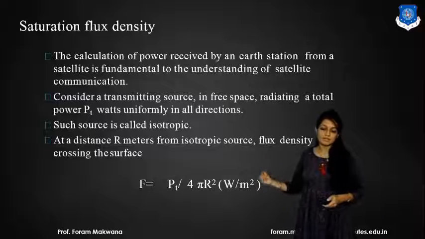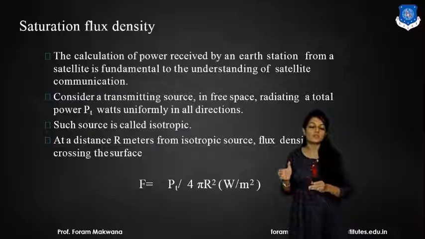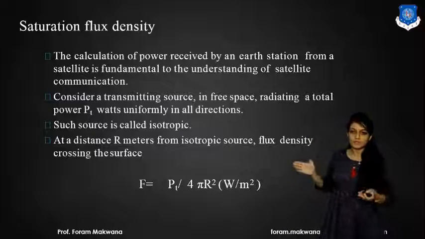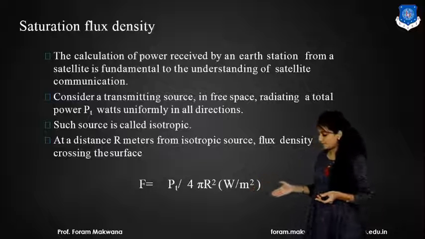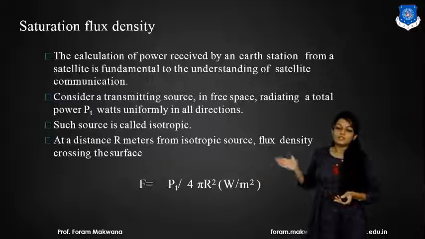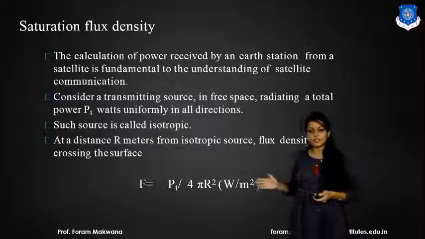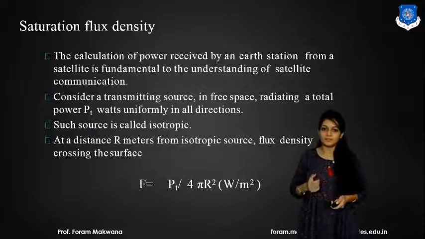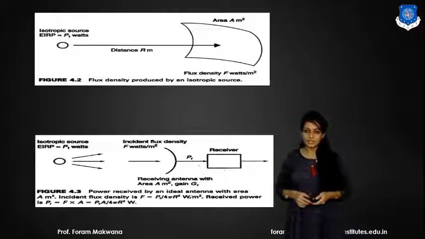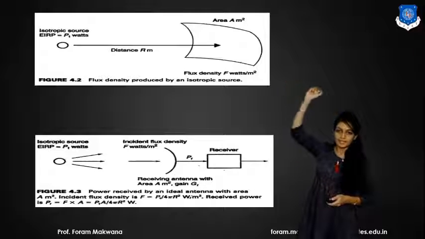If the distance is r meters from the isotropic source, the transmitting antenna, then the flux density is PT divided by 4 pi r squared. Its unit is watt per meter squared, because power is measured in watts and distance in meters.